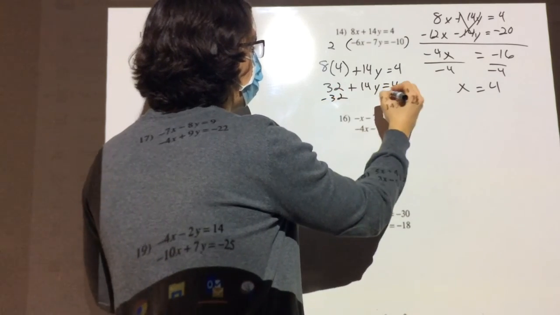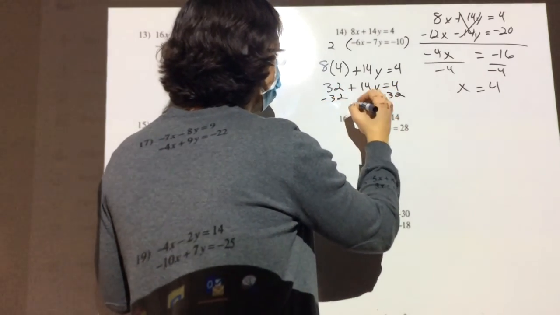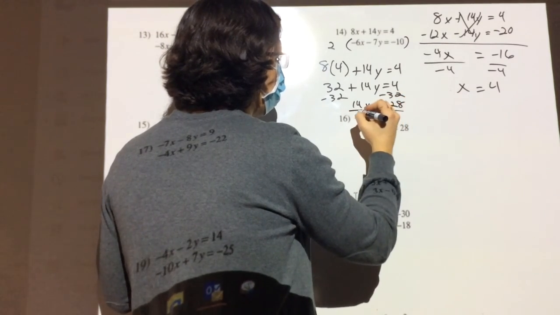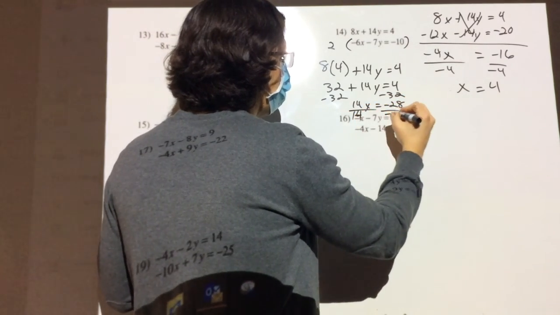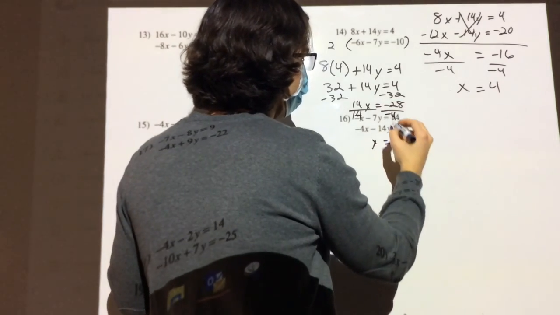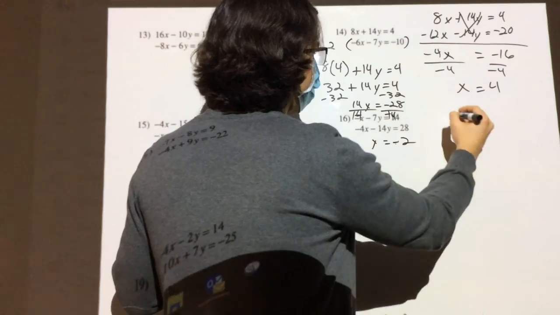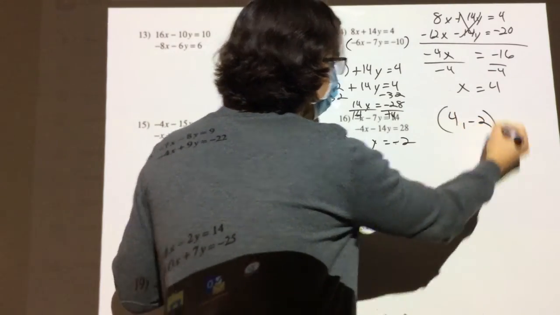Minus 32, minus 32. We get 14y is equal to a negative 28. Y equals a negative 2. So now we have 4 comma negative 2.